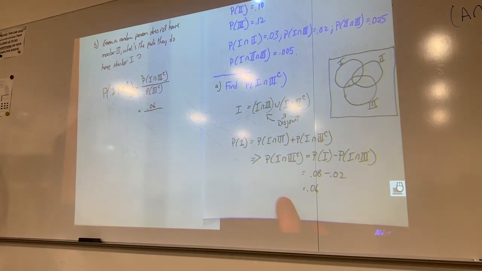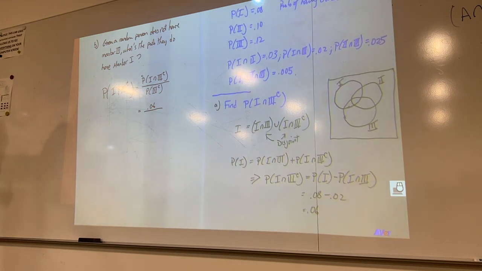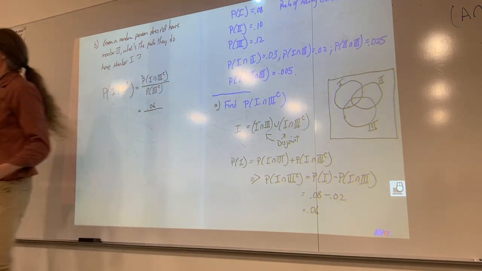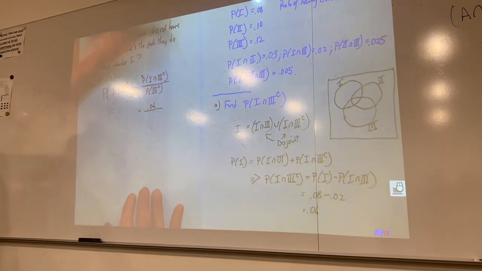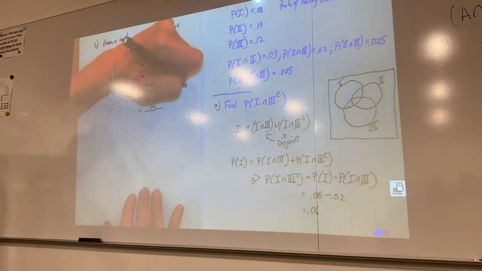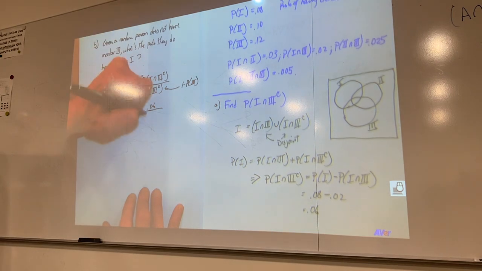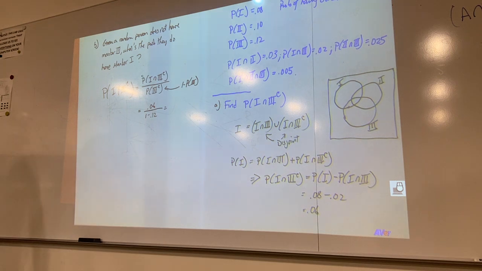And what's the probability of not having marker 3? It's 0.88. The complement of having marker 3 is 1 minus the probability of 3, or 1 minus 0.12. So 0.06 divided by 0.88 is 0.068.